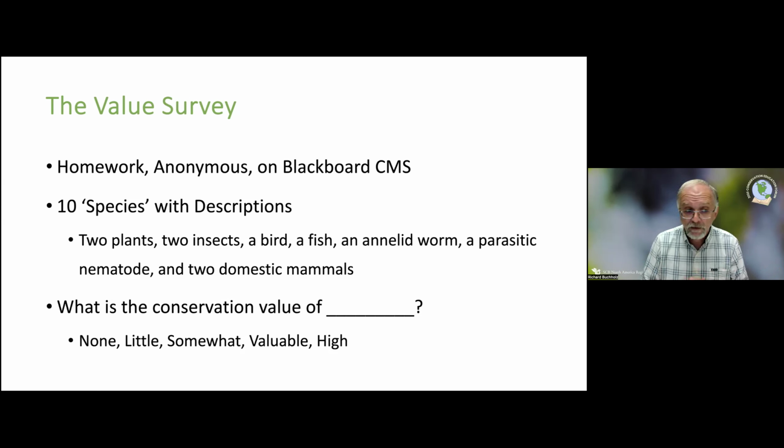They don't have to rank it. They're not limited in assigning these across all the species, right? They could put every species as highly valuable or all the species as not valuable at all. They're not using up value as they move through it. I also randomize the order in which they see the species.